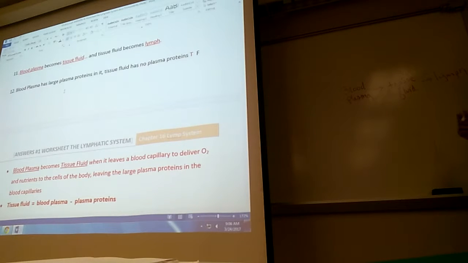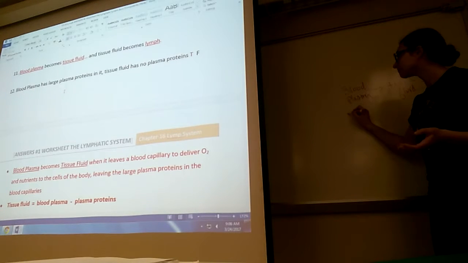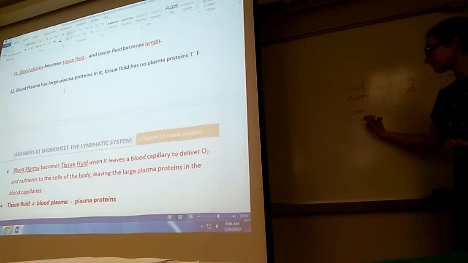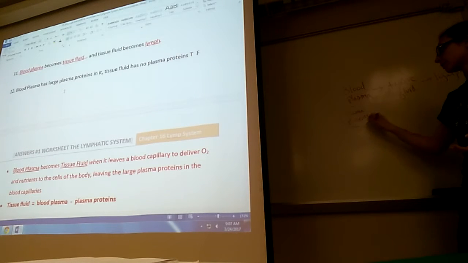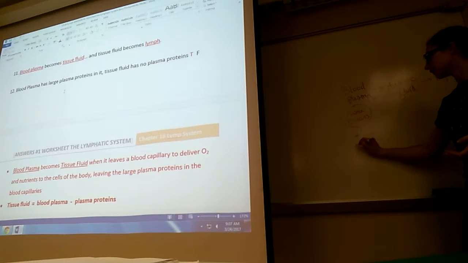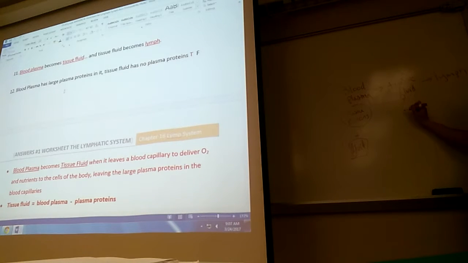So when you're thinking about this, what is the difference between blood plasma and tissue fluid? The liquid portion is the same, but blood plasma has proteins. This is plasma proteins. So blood plasma has plasma proteins and fluid. Tissue fluid just has the fluid. It doesn't have plasma proteins.